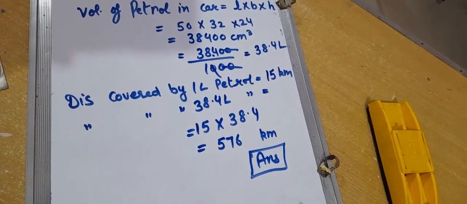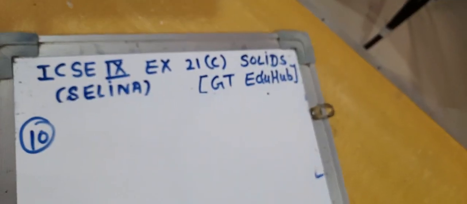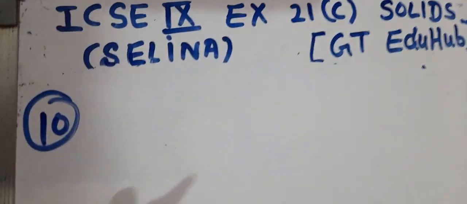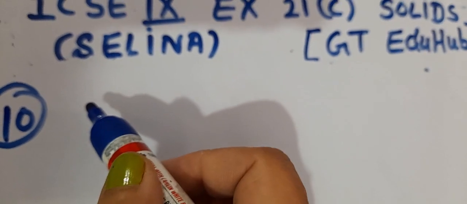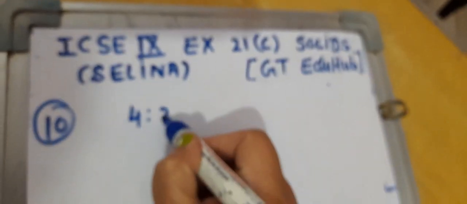So now let's move on to the last question of this exercise, question number 10. Dimensions of a rectangular box are in ratio 4:2:3. This is given in the question.